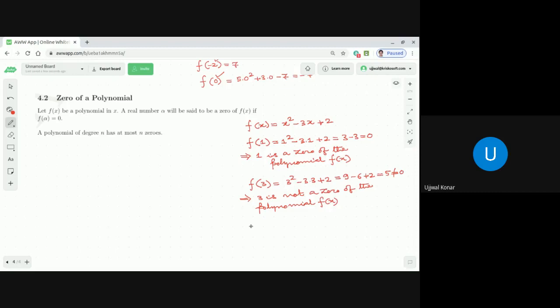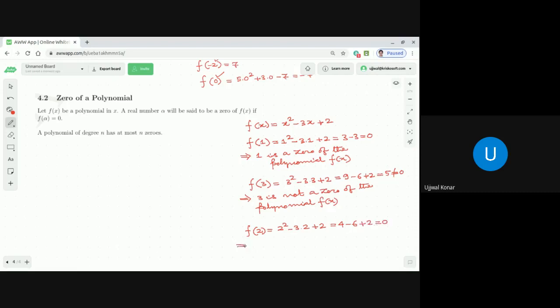Let's take another example. Let's find the value of f(x) at x equal to 2. What is f(2)? It is 2 square minus 3 into 2 plus 2, that is 4 minus 6 plus 2, which is equal to 0.